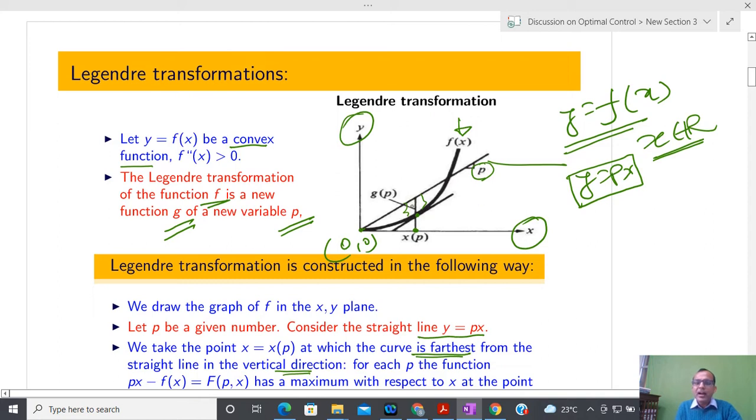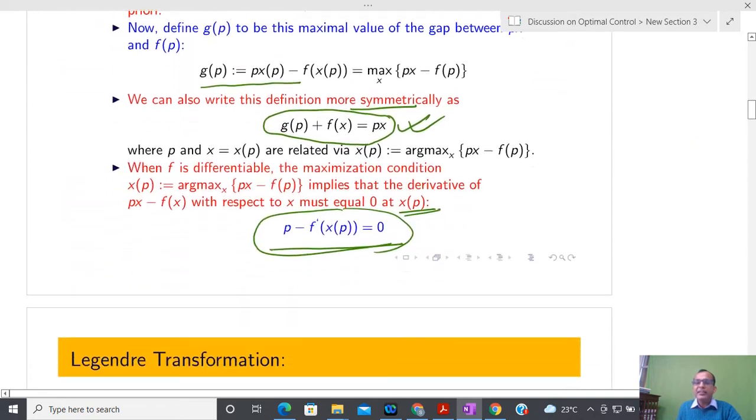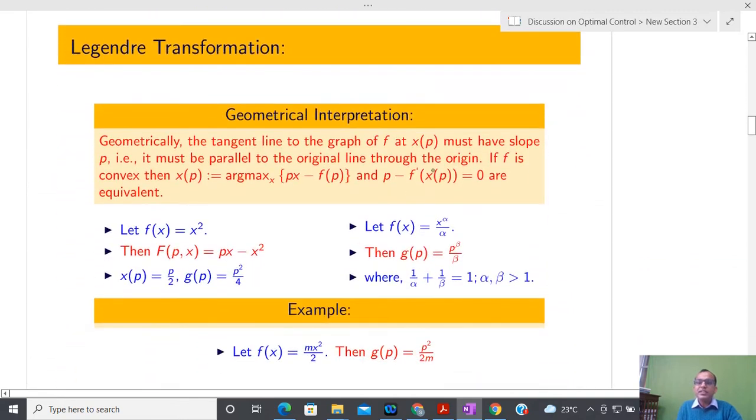After that I have to make sure that this line is parallel. Whenever this line touches, since these two lines are parallel, it is possible to show that the rate of change of this function with respect to x at that point equals 0. Okay, so in this way I am going to identify the point. So this is the geometrical interpretation.